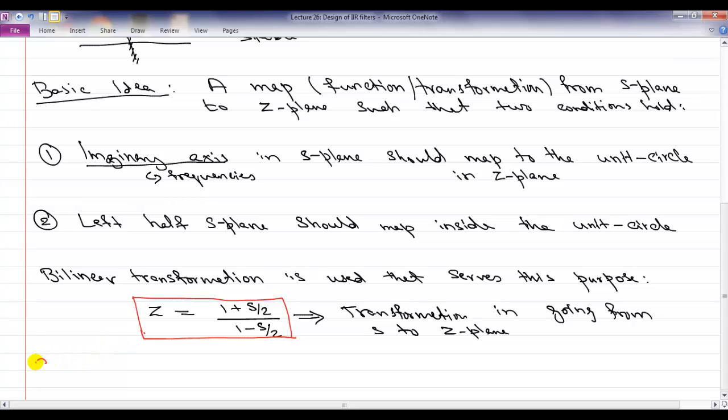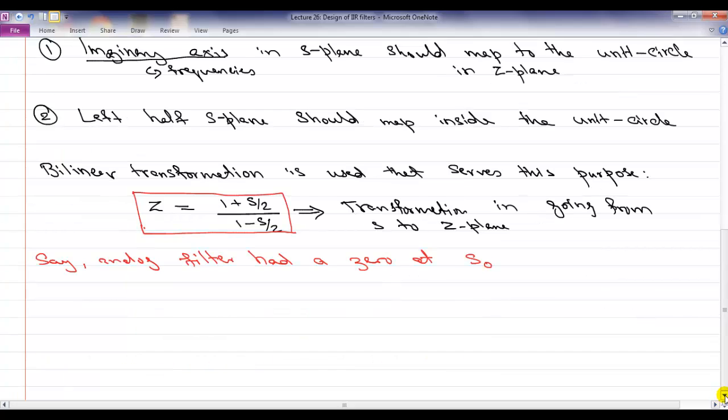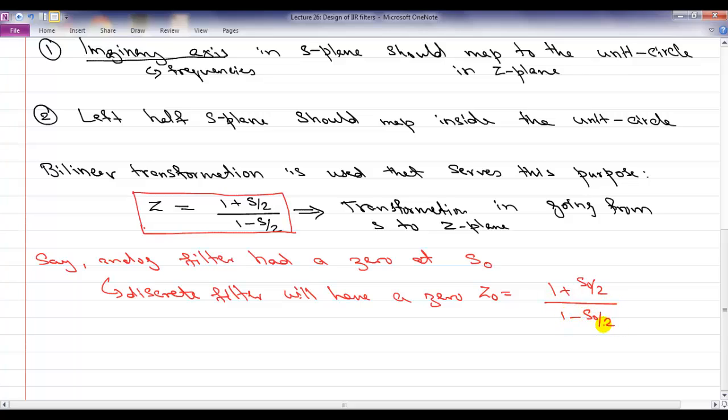So what this means is, say the analog filter had a 0 at some location S naught. Okay, so if you had a 0 at a location S naught, the discrete filter will have a corresponding 0 at Z naught, which is given by this transformation: 1 plus S naught over 2 over 1 minus S naught over 2.